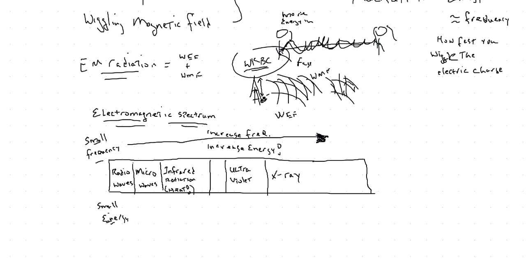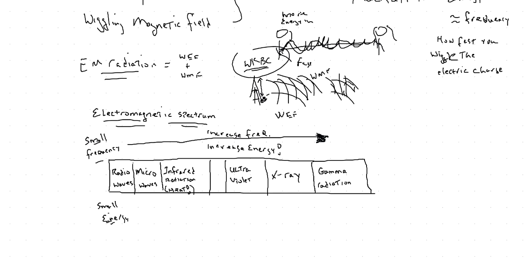Notice it has more energy than ultraviolet, more than a microwave or a radio wave or heat. And if you wiggle it the fastest you can, the highest energy you can give it, this is called gamma radiation.